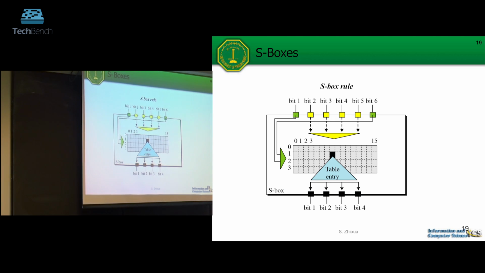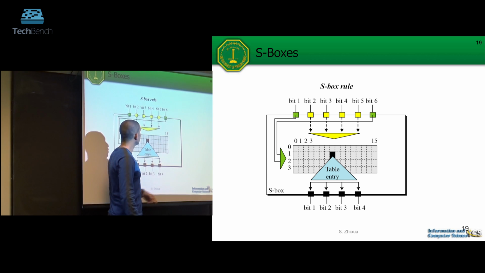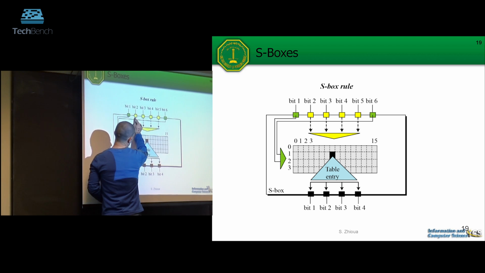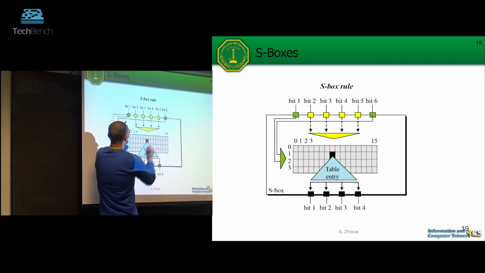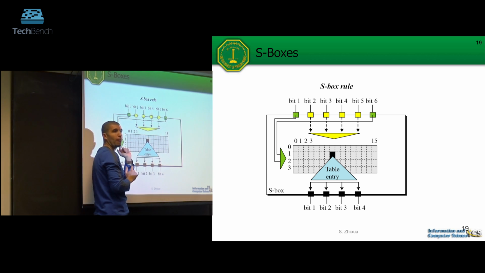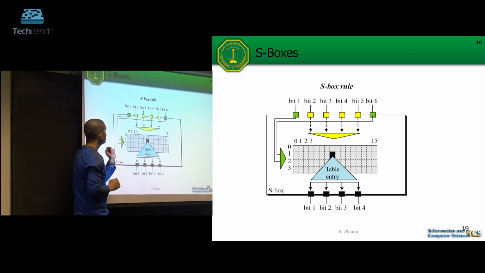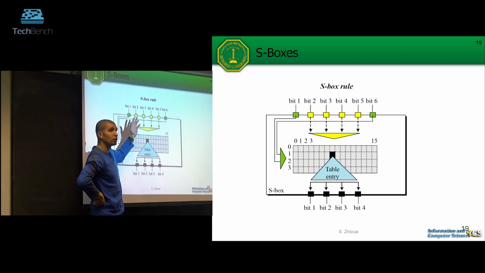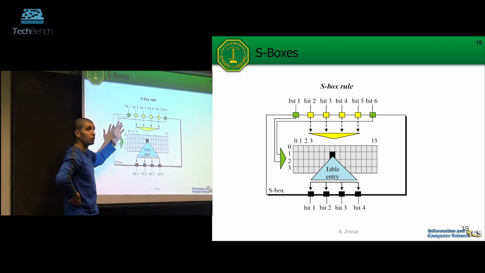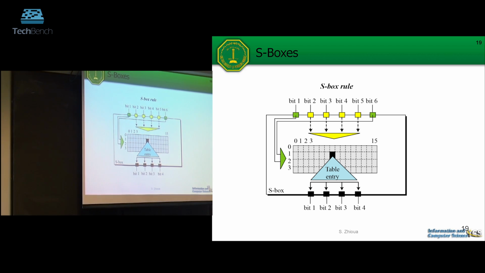Using this scheme, you take those 6 bits and split them into two parts: the 4 middle bits and the 2 external bits. By the way, it's not the original data.